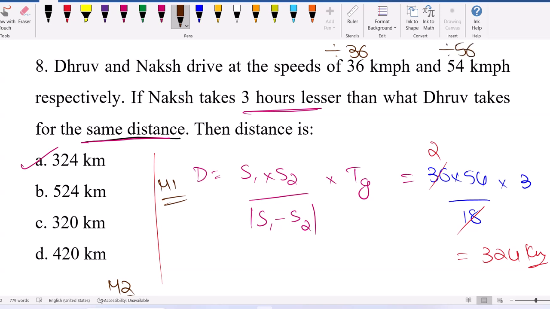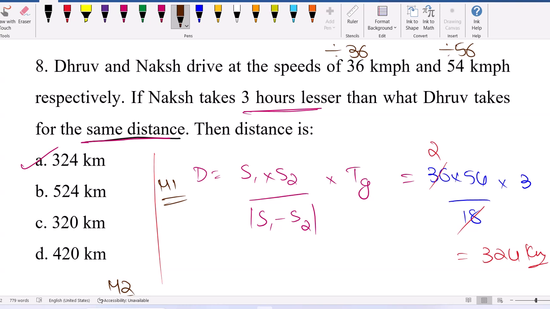Divisible by 36 means it should be divisible by 9. Only one option divisible by 9 is option A. What is the divisibility rule for 9? Sum of digits. If the sum of digits is divisible by 9, then the entire number is divisible by 9. Only option A is divisible by 9. That's why I directly opted for A instead of doing all this.